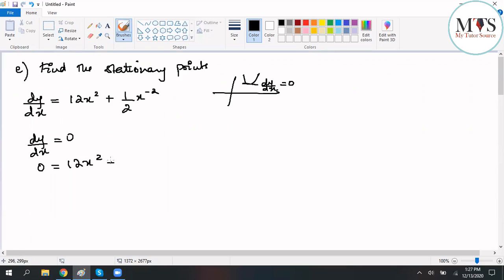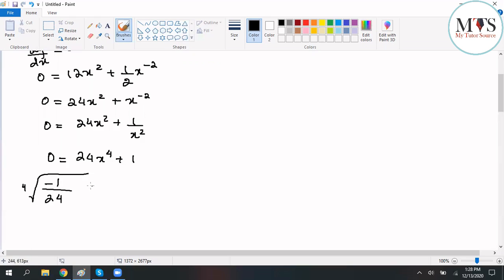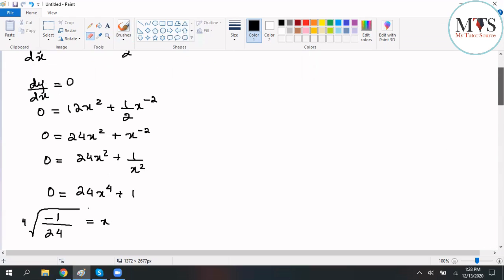So that's 12x squared plus 1 by 2 x to the power of negative 2 equals 0, which gives 24 x to the power of 4 plus 1 equals 0. So I assume the value is going to be a weird number, but technically speaking, these are going to be your steps.